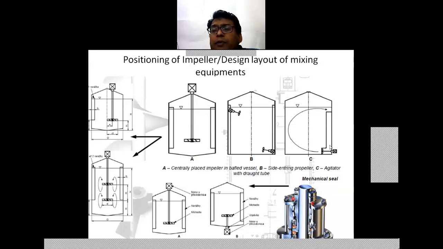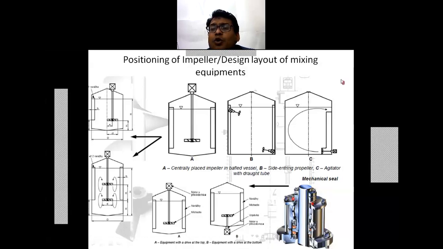When the draft tube is provided, it helps the circular movement of the fluid. The rotation of the fluid in the axial direction will be increased when you put the draft tube.